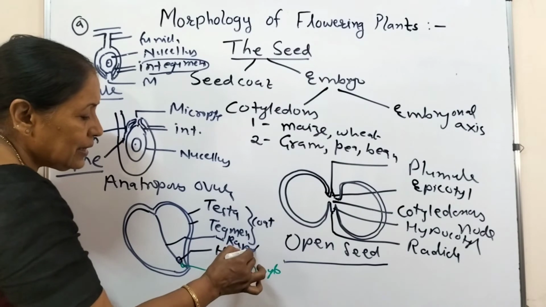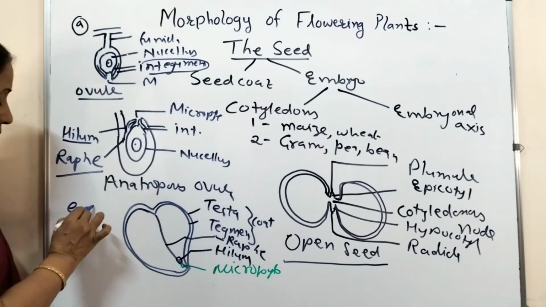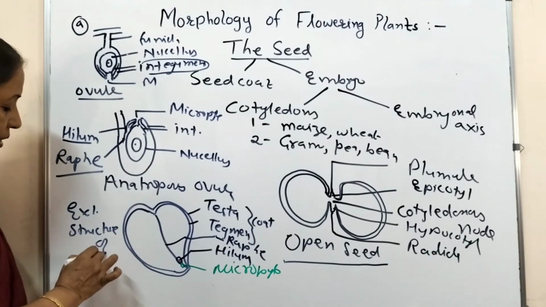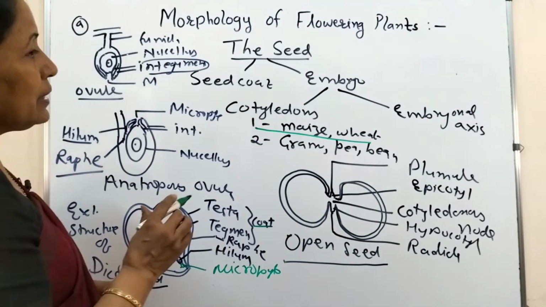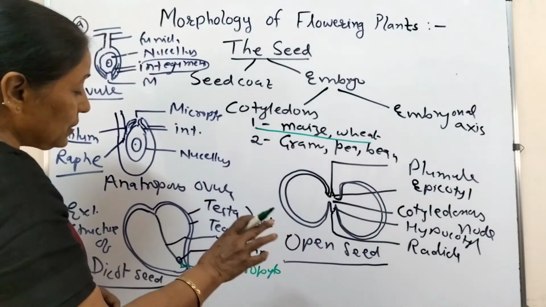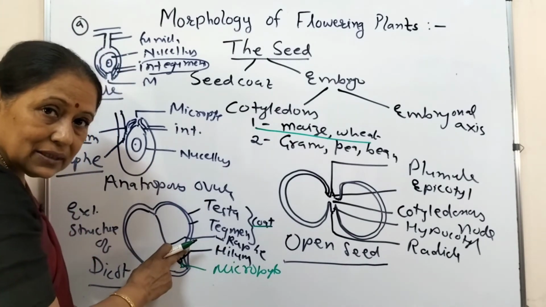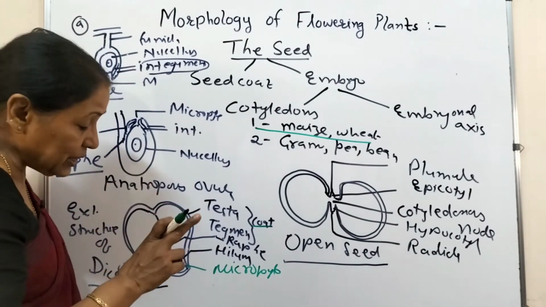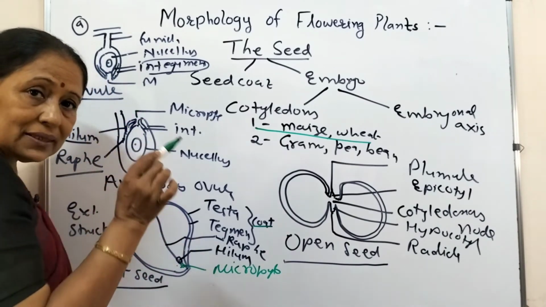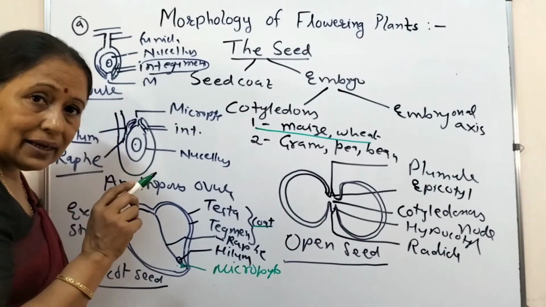This is the external structure of dicot seed. Thus we have seen the structure of dicot seed. In this dicot seed, from outside you see these are the two seed coats developed from the integument. This is the micropyle, the same that was present in the ovule. Then here we make this hilum.